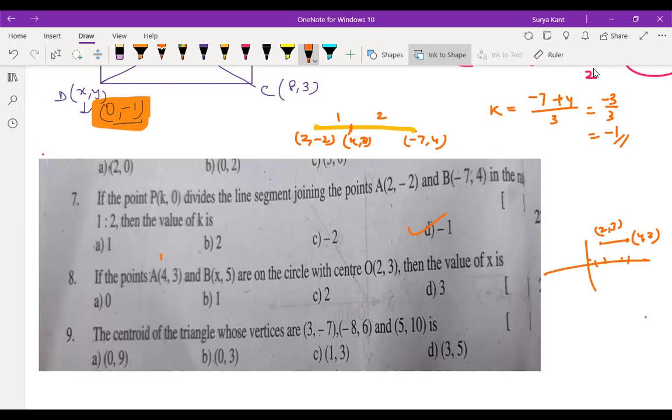A point is 4, 3, so this will come this side only, 2 steps this side. But B is x, 5.